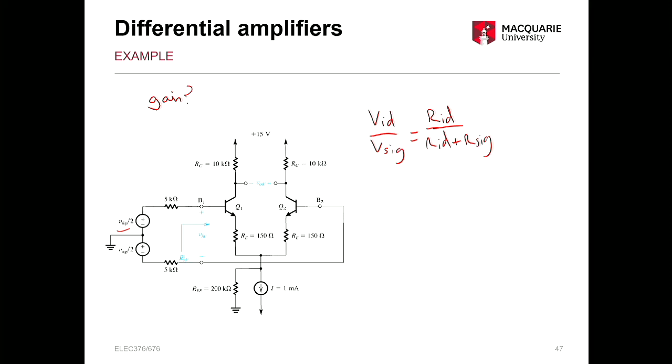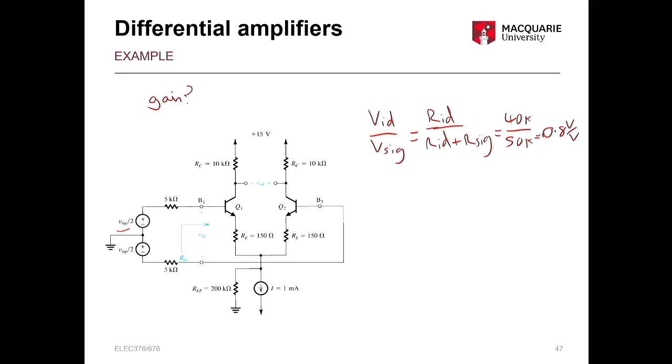It's the 5k plus the 5k. So we have 40k over 50k, 0.8 gain, so it's volts per volt. Now, that's the gain just between our signal and our actual base input.